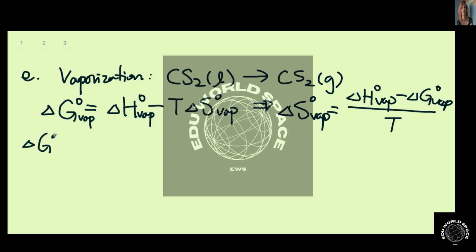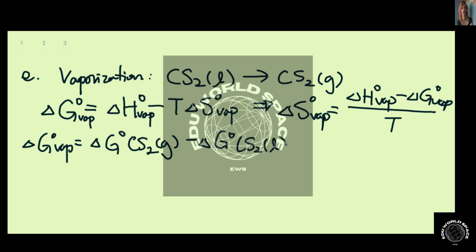Delta G0 of the vaporization is equal to delta G0 of the CS2 gas minus delta G0 of the CS2 liquid. This will be equal to 67.2 minus 65.3, and this is equal to 1.9 kilojoules.